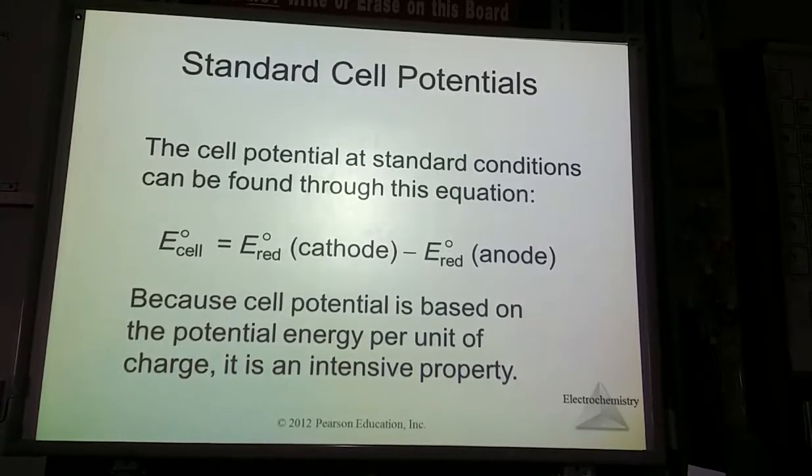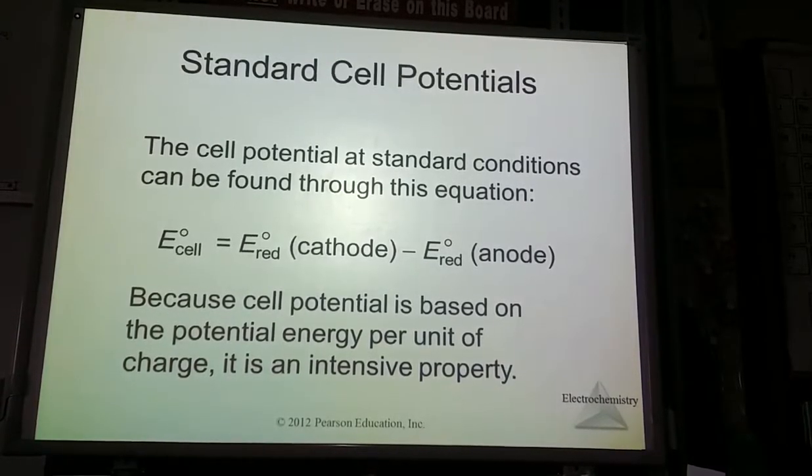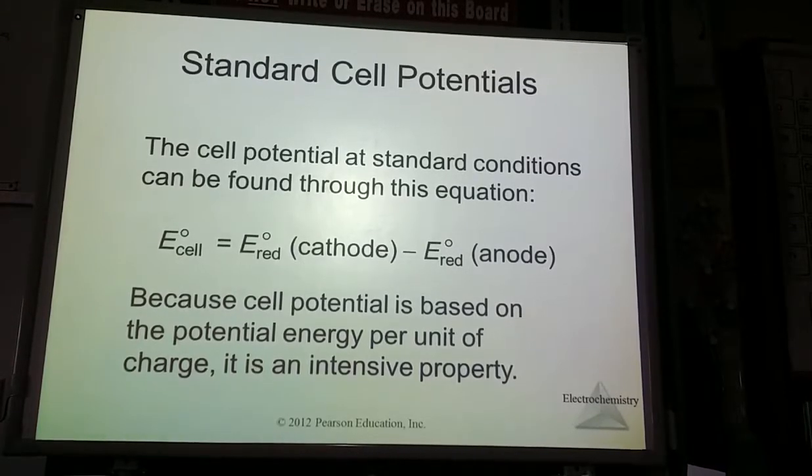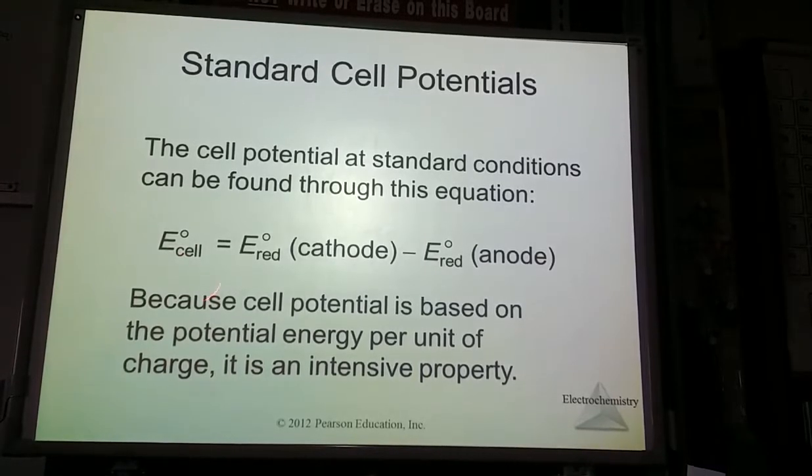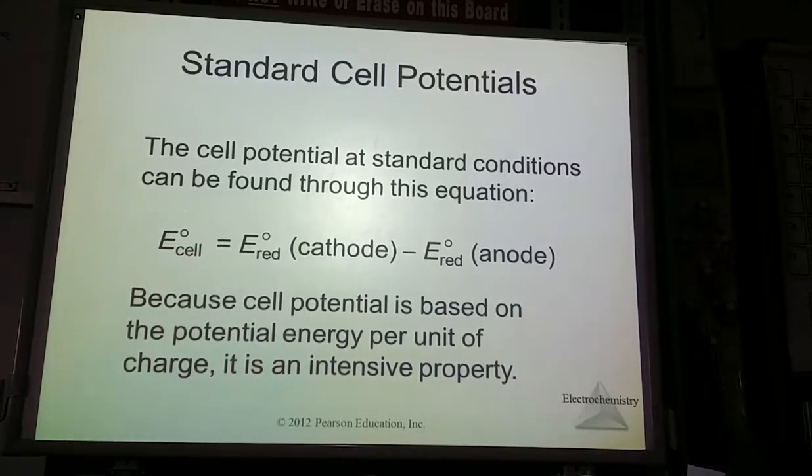So I have an oxidation step, I have a reduction step. Because I have those, I want to find the cell potential for that entire system. Well, how do I do that? We're going to do that by saying the cell potential for that overall voltaic cell is going to be equal to the cell potential that happens at the cathode minus the cell potential that happens at the anode. How will I know these two? On your AP test, they'll be embedded in the questions.